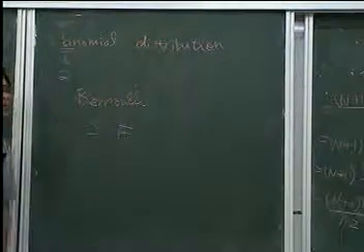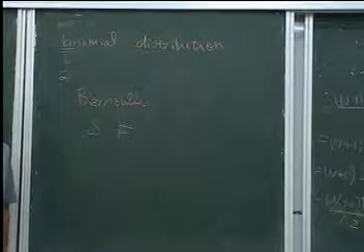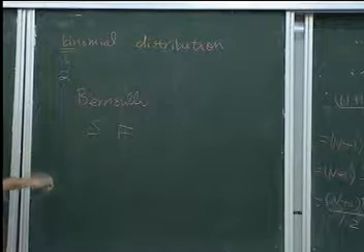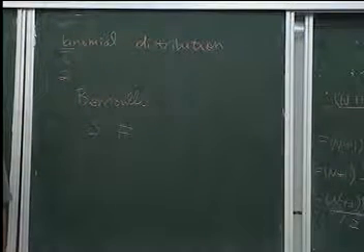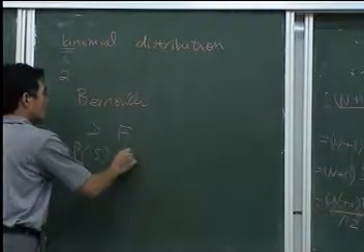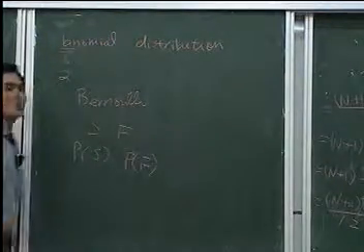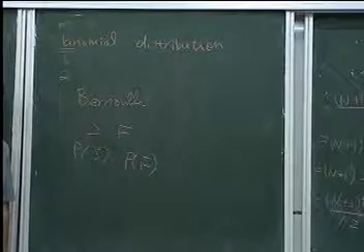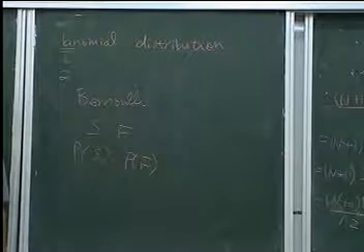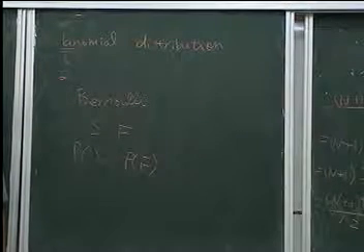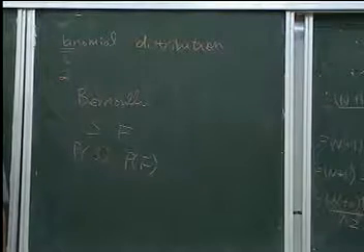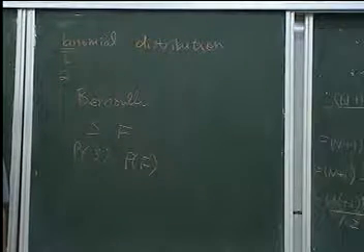In this experiment, the probability of success and the probability of failure will not change. So whenever you try it, the probability of success or failure is always the same. And also, in each experiment you do, the results are independent of each other.